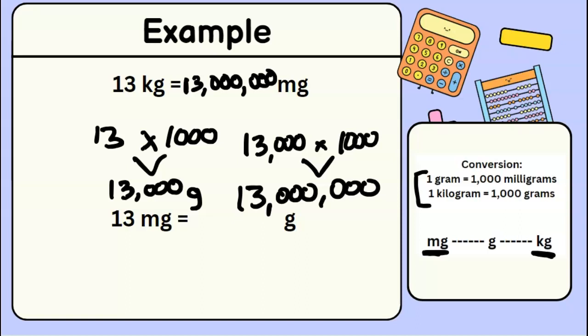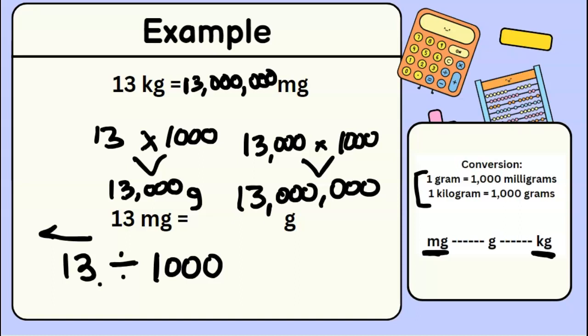Now on my second one, I'm going from small to big, so from milligrams to grams. So I'm actually going to be dividing. So I've got 13 divided by 1,000. Remember that with powers of 10, how many zeros I have tells me how many places my decimal is going to move to the left.